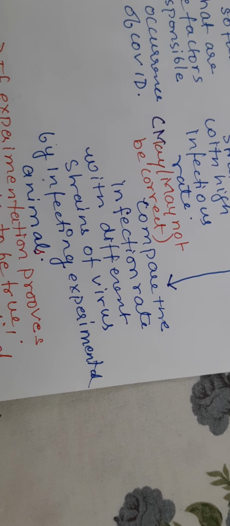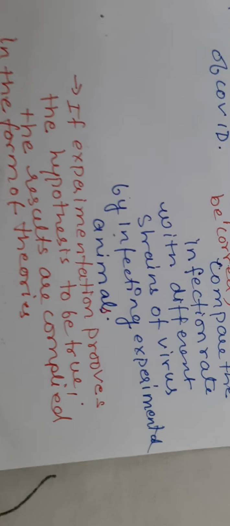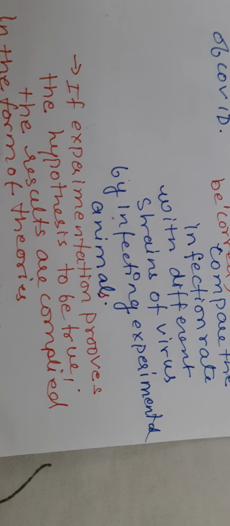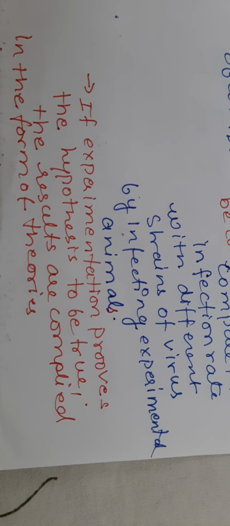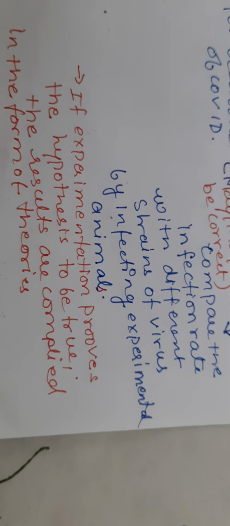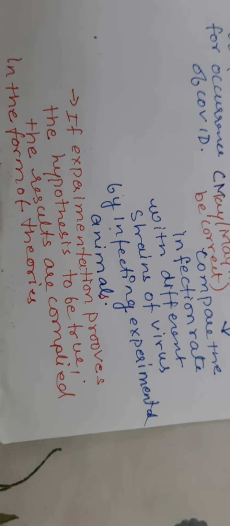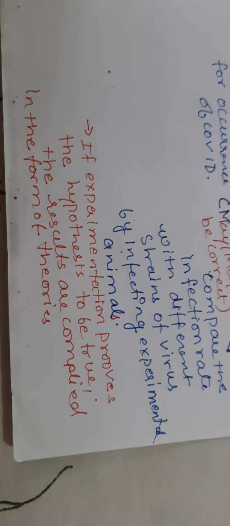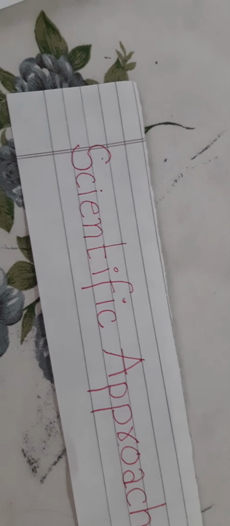So we'll do those experiments, and after the experiments, if the experimentation proves the hypothesis to be true, the results are compiled in the form of theories. Then I'll formulate a theory that these experiments are there, and whatever predicted hypothesis was there, it was true.